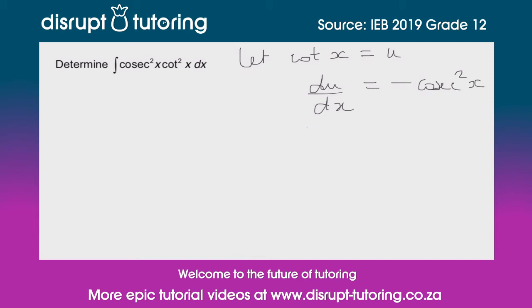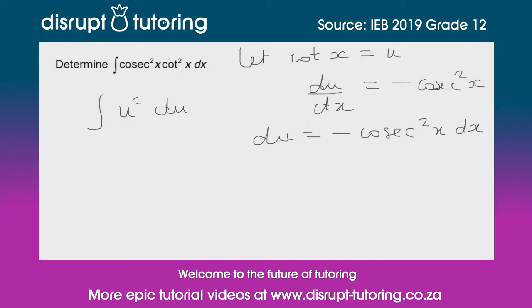So now I can make that substitution. I can say I've got the integral of u squared du, and my du is minus cosec squared x dx.